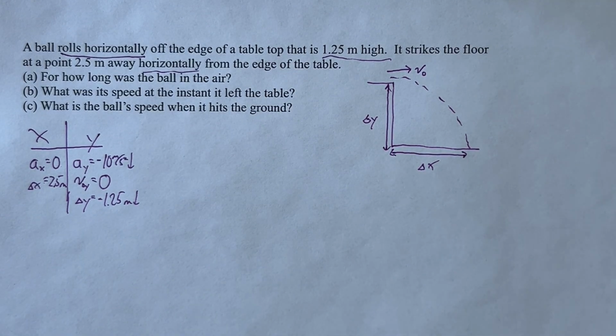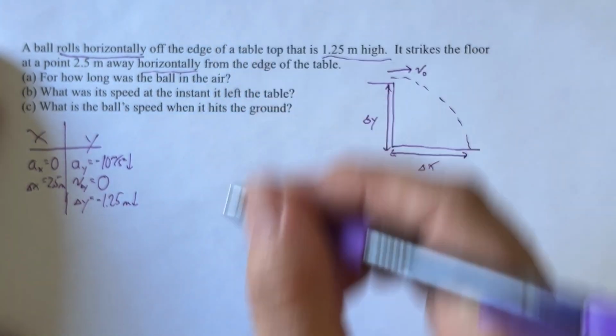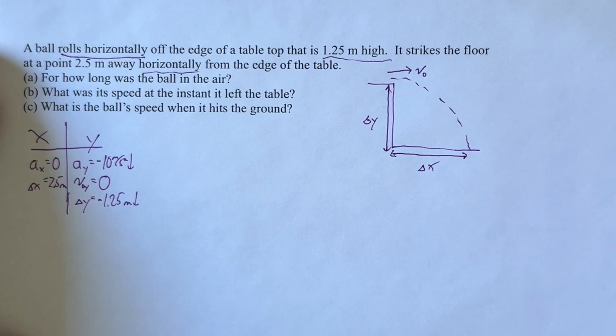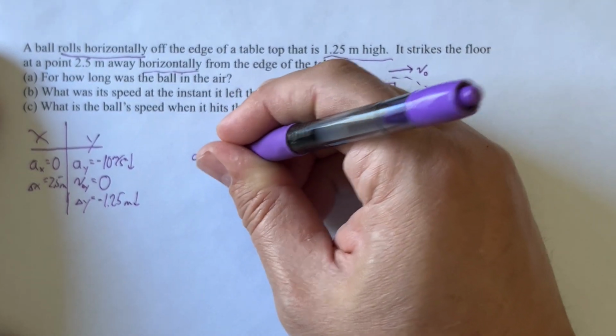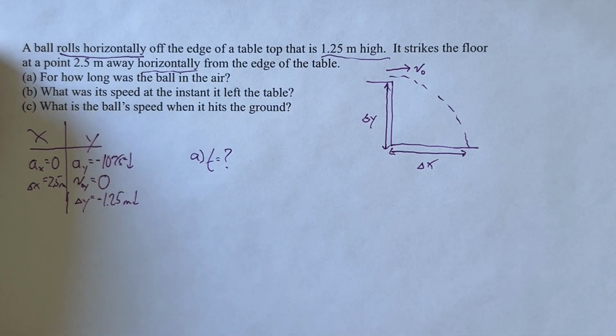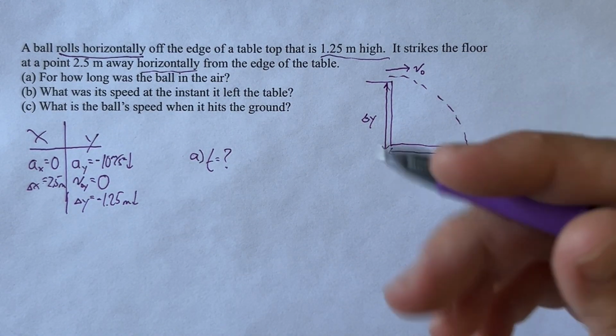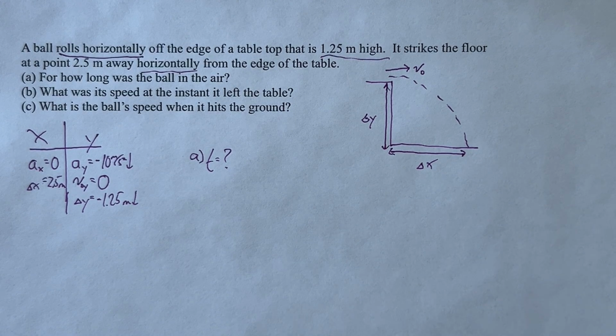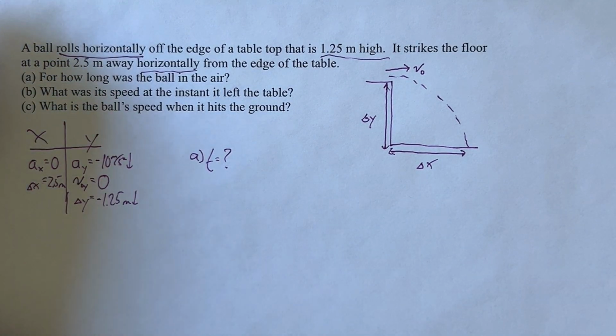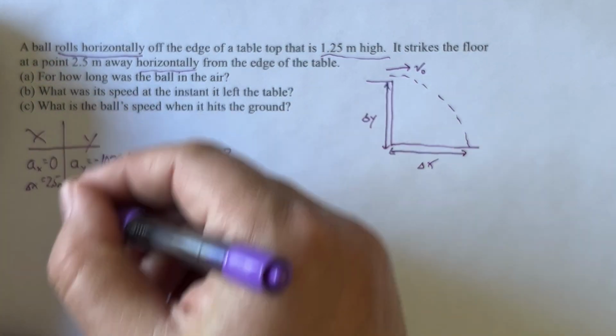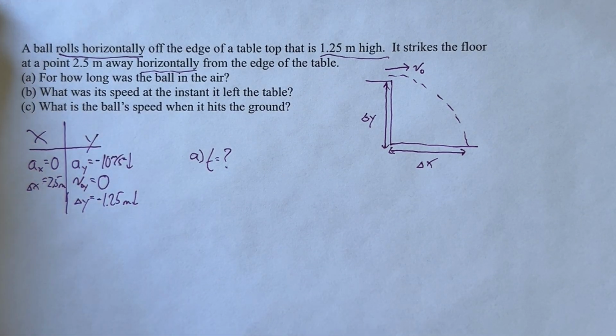Now, the first question was, how long was the ball in the air? So we are starting out by solving for time. And unlike delta x, delta y, or any of my vectors, time could be solved using x or y variables. And so we need to look here and see where we have more information. Well, we have more givens for our y's.